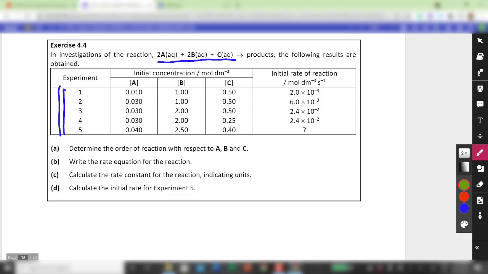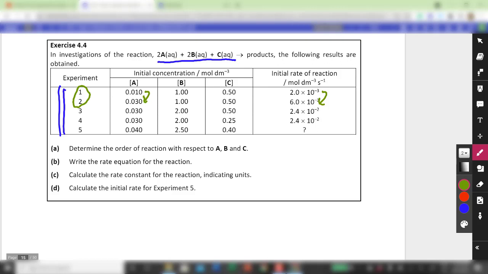So if you look at the first two experiments, you notice that the concentrations of B and C are kept constant. The only thing that varies is the concentration of A, which increases 3 times, from 0.010 to 0.030. Then you notice that the initial rate actually triples as well, from 2.0 times 10 to the power minus 3 to 6.0 times 10 to the power minus 3.